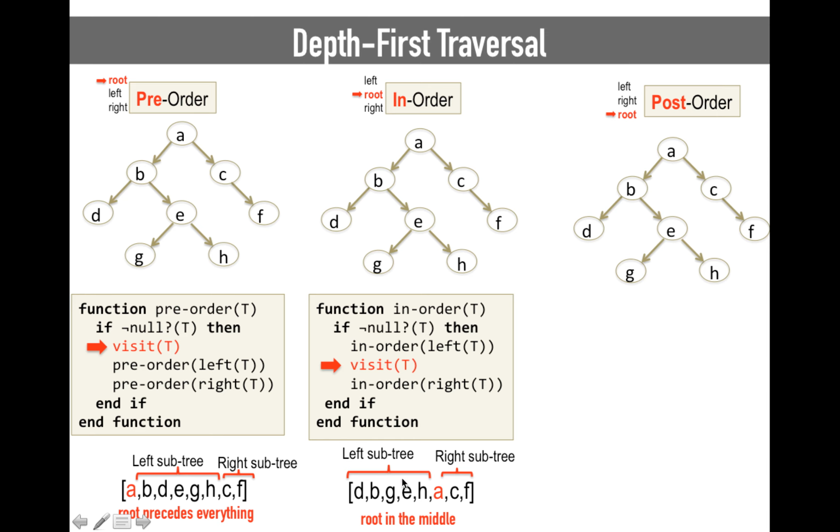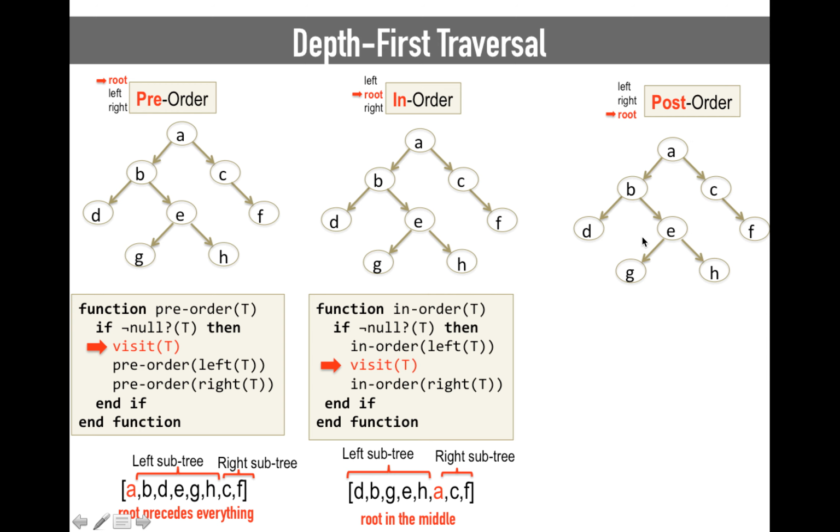So if you see here in this set of nodes, the root, which is B, goes in the middle. In the middle of what? Well, in the middle of the left, which is D, and right, which are these three nodes. And these three nodes, how do we do it? Well, exactly the same. Root goes in the middle, E, and then left, G, and right, H.